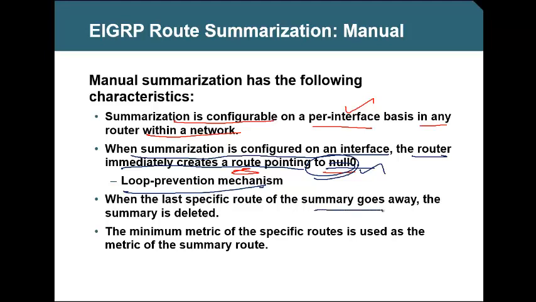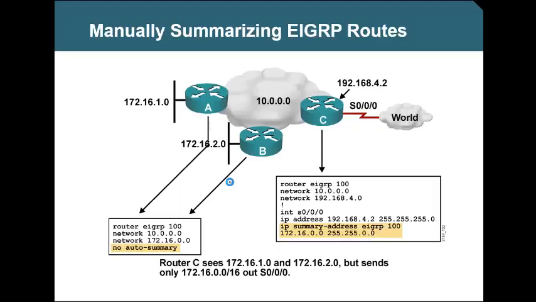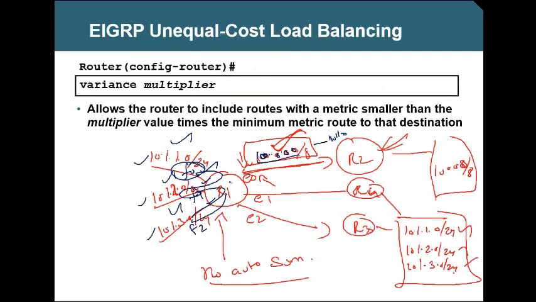Only when all the specific routes for which the summarization is done go away. So, in our example, the summary route advertisement will stop only if all these three links go down. If any one link goes down, the summarization is still valid.